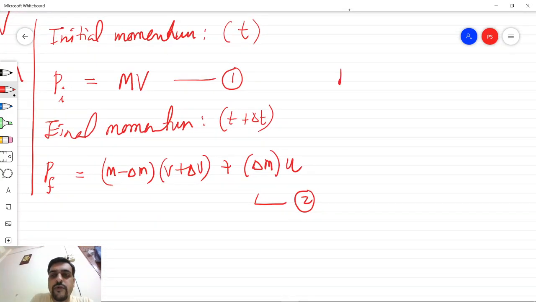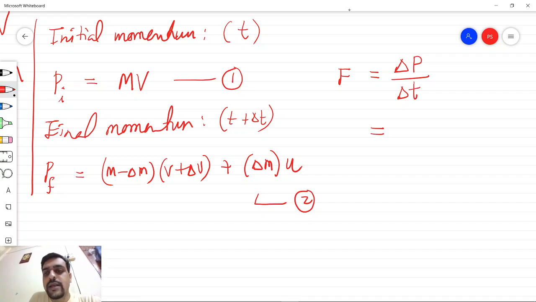Now the force acting, again by Newton's second law of motion, would be the rate of change of momentum with respect to time, that is delta p by delta t. In this case it is going to be pf minus pi upon tf minus ti.